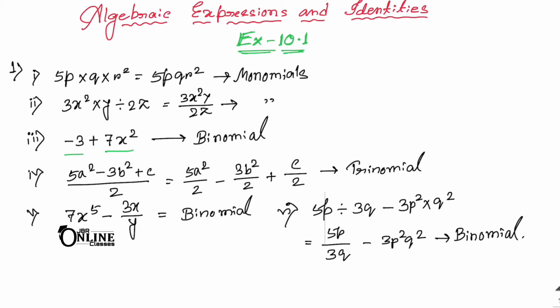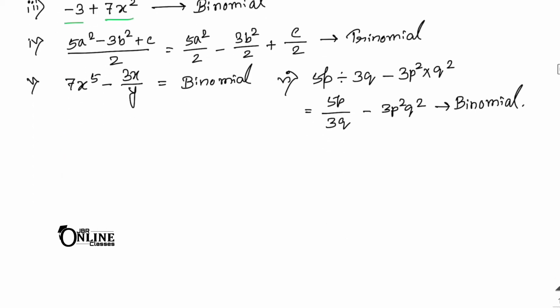Okay, now move on to next, sum number 2. So here in sum number 2, identify which of the following expressions are polynomials. If so, write their degrees. So what is the meaning of polynomial?